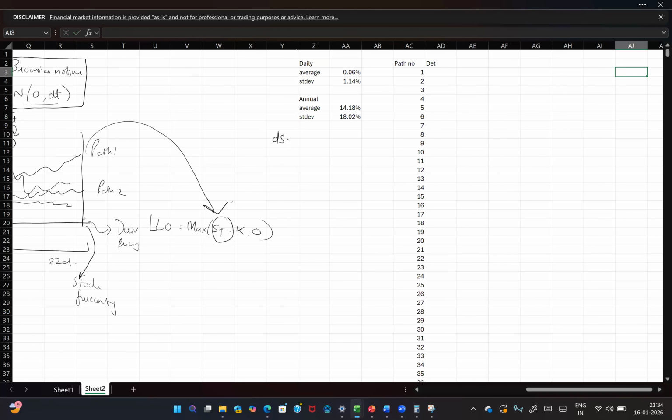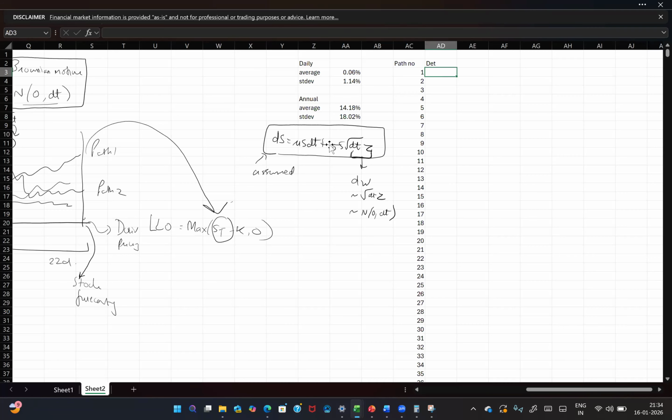So dS is equal to mu S dt plus sigma S root dt into Z. We're going to use this evolution, so this needs to be assumed. Here we are assuming that the asset price is following a Brownian motion in the stochastic part, where dW is root dt into Z, and that follows a normal distribution with mean zero and variance dt. So the deterministic part is nothing but mu S dt. We also need S.